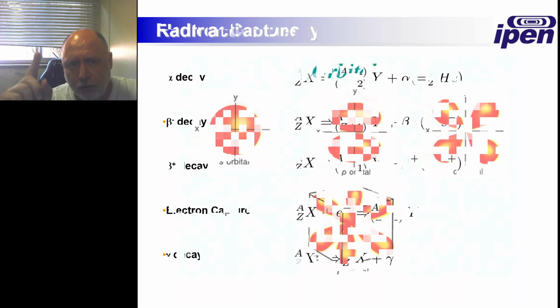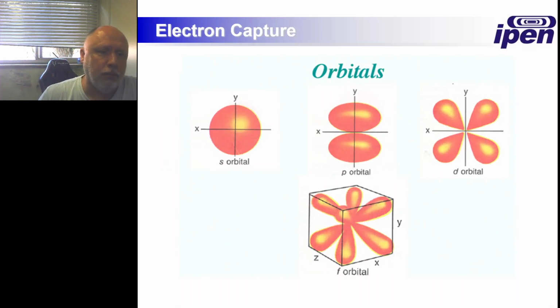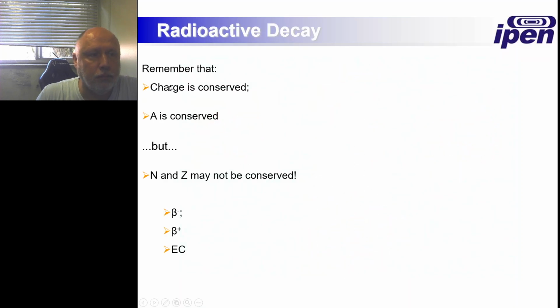If you take a look here, you will see these are the orbitals. Every orbital except the s orbital has no probability of having an electron inside the nucleus at any moment. So just as a curiosity, electron capture can only happen with s orbital electrons, right?